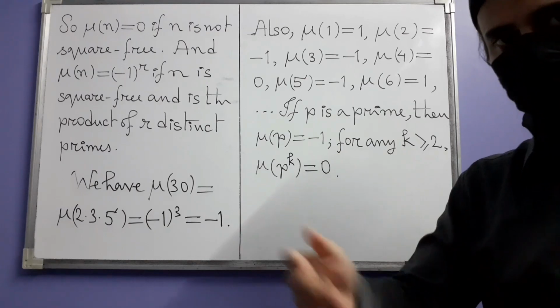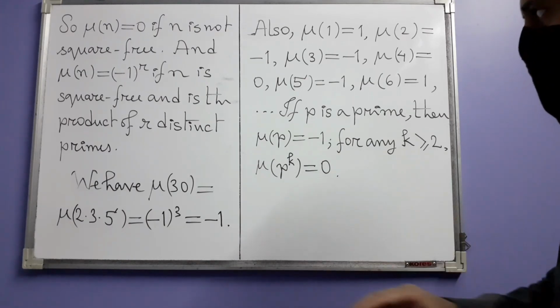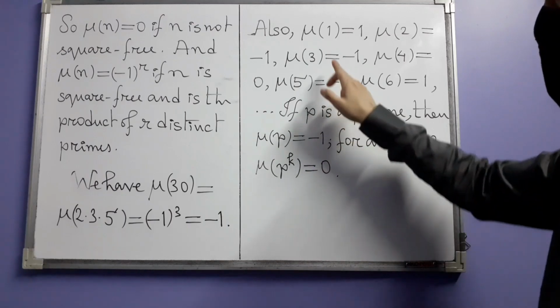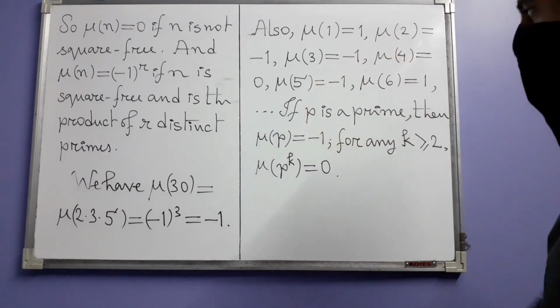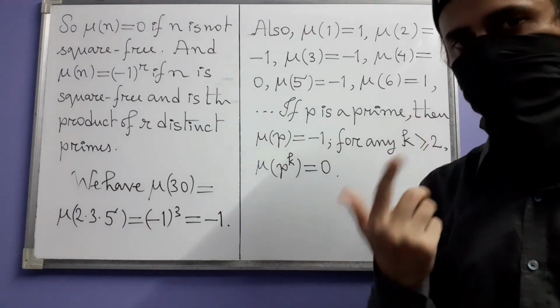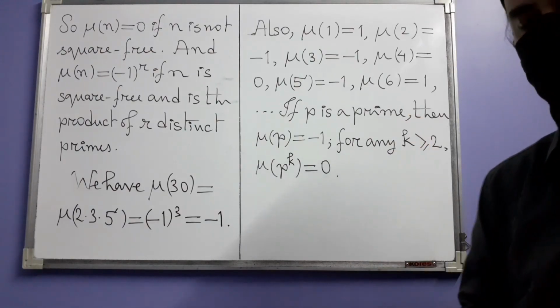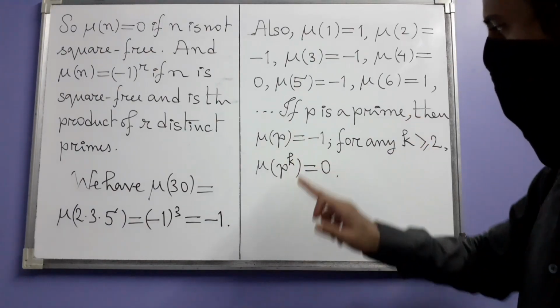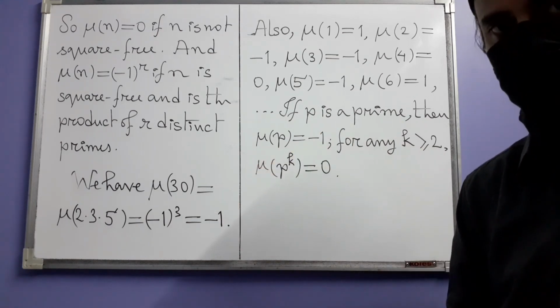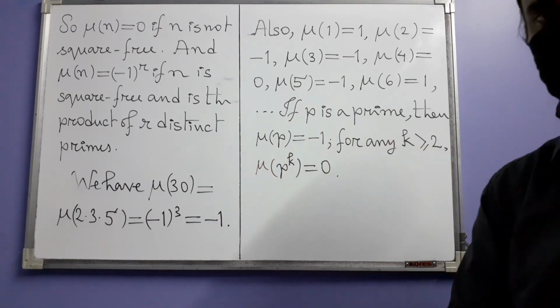So like that the values go. In general, if you have a prime p, then mu of p is minus 1. But if k is a positive integer, greater than or equal to 2, then mu of p to the power k is 0, because then p to the power k is divisible by p square, so the mu value is 0.